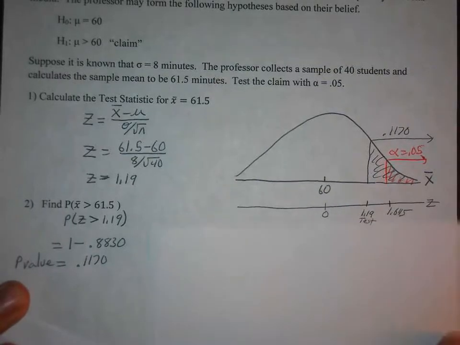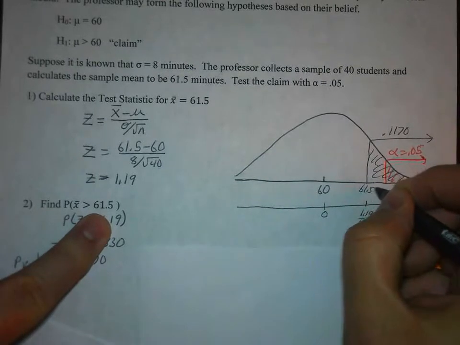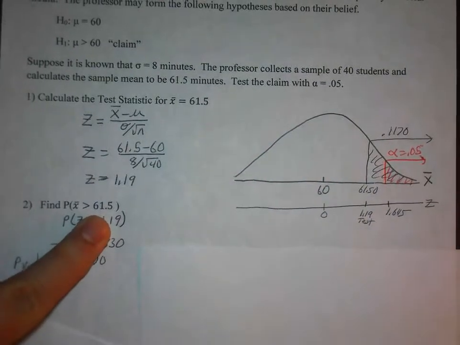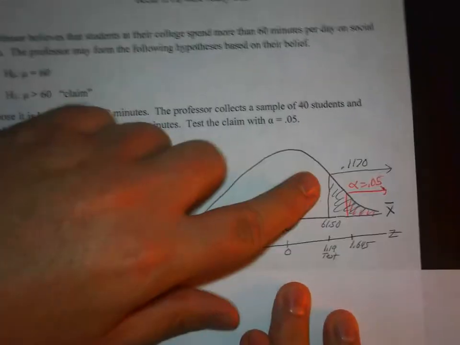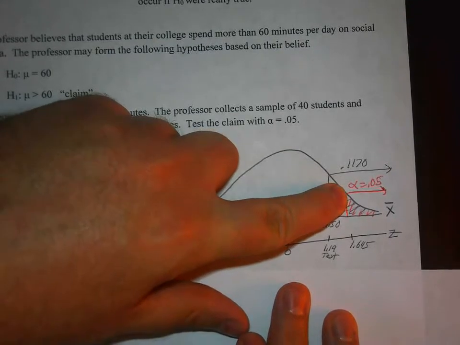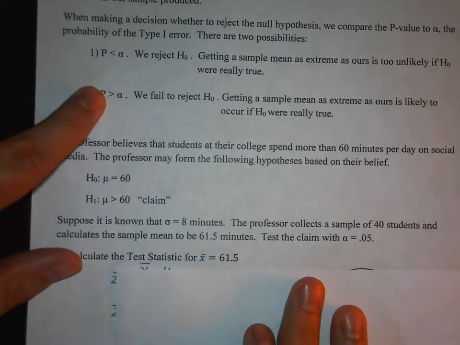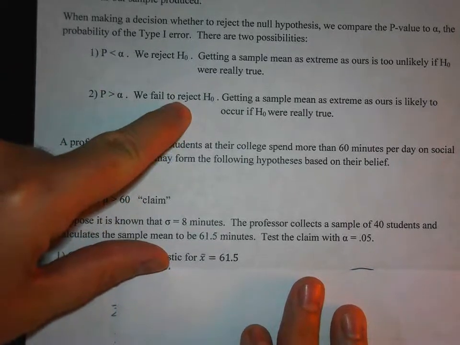Okay, so now we know that the x bar value is 61.5 right here. If we look at what's happening, we have a p-value, 0.1170, that is greater than alpha. So our decision: the p-value is greater than alpha, we fail to reject H0.